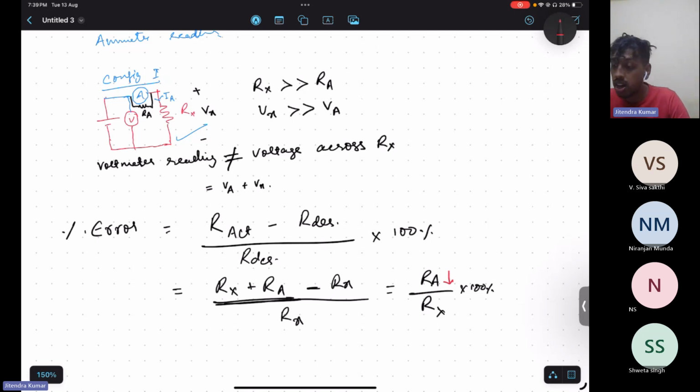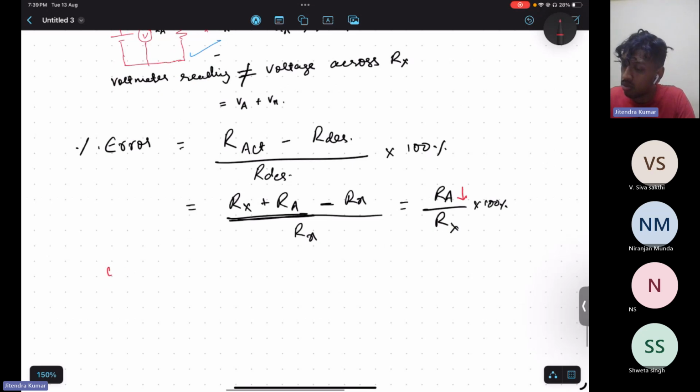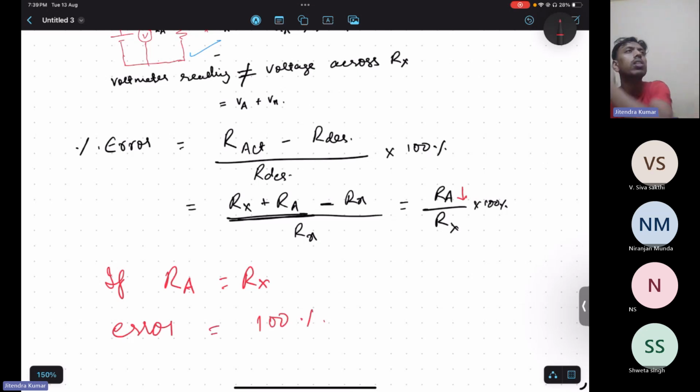And in case Ra is equal to Rx, then what will happen? If Ra is equal to Rx, then the error will be 100%. So it will show you double the resistance. Of course, it will show double because Ra is equal to Rx. I hope there is no doubt in this.